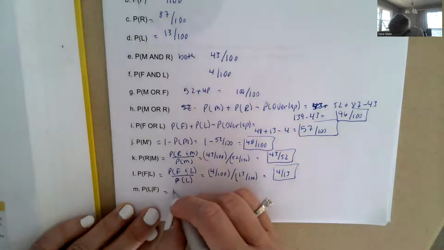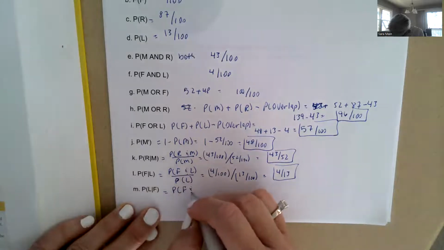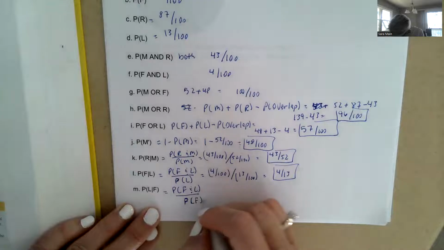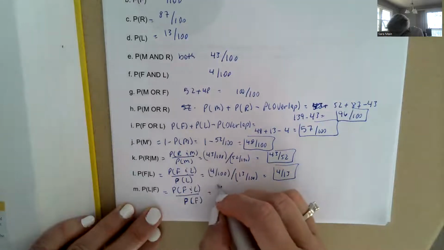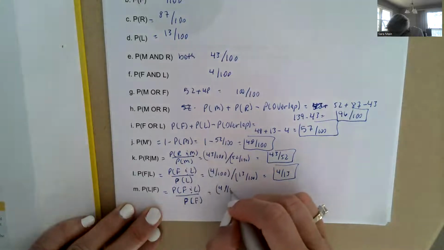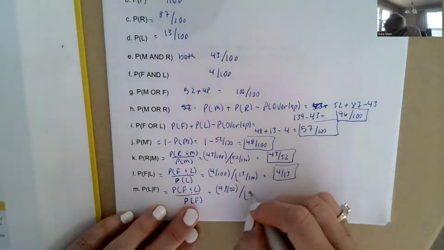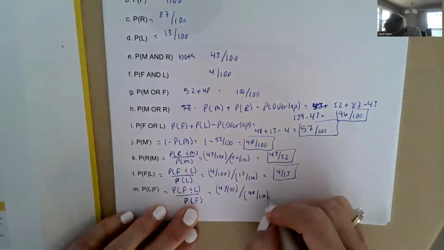That's also going to be the probability of F and L divided by the probability of F. So that is 4 out of 100 divided by the probability of female, which is 48 out of 100.